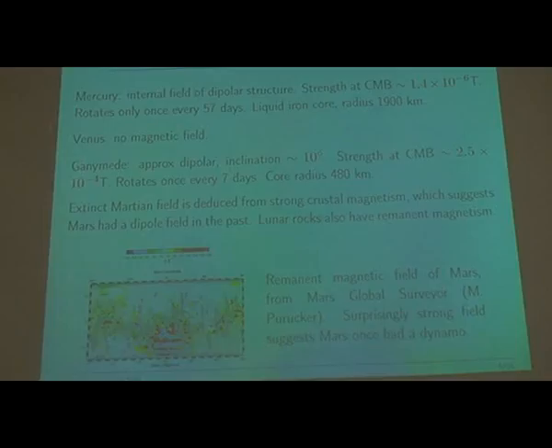Even 57 days is rapidly rotating when you look at it in dimensionless terms. So the idea that you could explain the weak field of Mercury just on the basis of its slow rotation is almost certainly wrong. There's got to be something else going on there as well. There are a number of proposals on the table which could account for why Mercury's field is rather low.